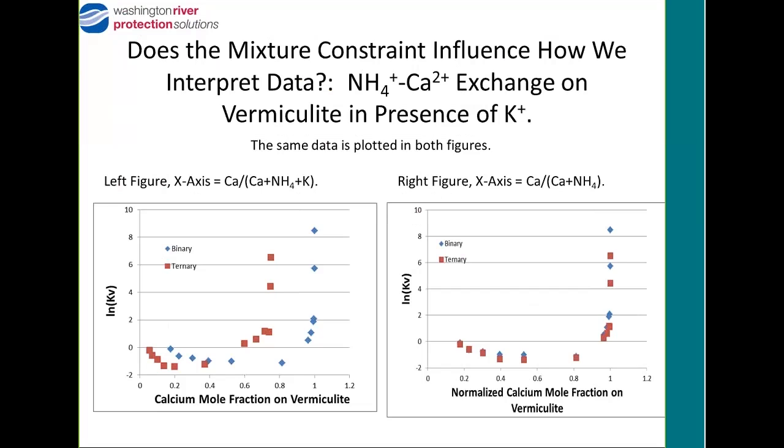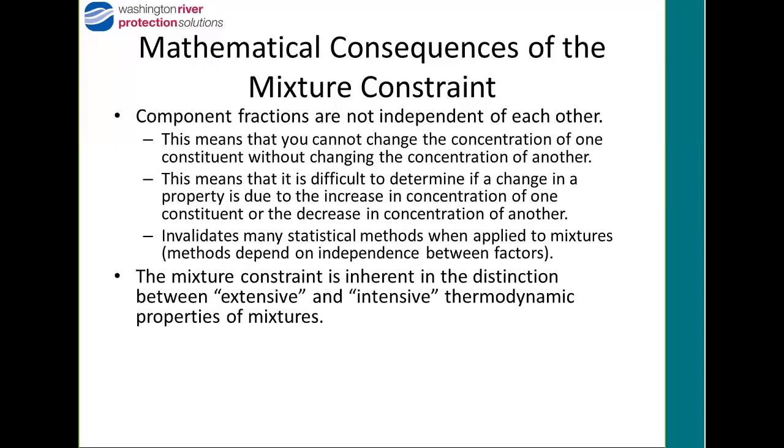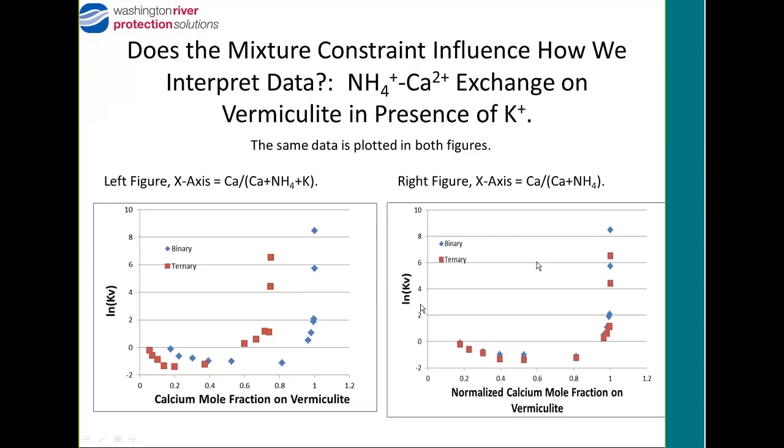Now imagine you have a system where this solid has either ammonium or calcium on it, or has ammonium and calcium on it, and another system where it has ammonium, calcium, and potassium on it. Your binary system would be the system where you just have calcium and ammonium. Your ternary system is the one that has calcium, ammonium, and potassium.